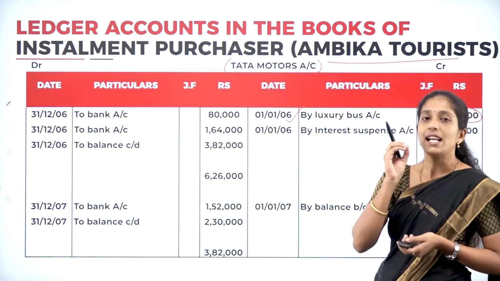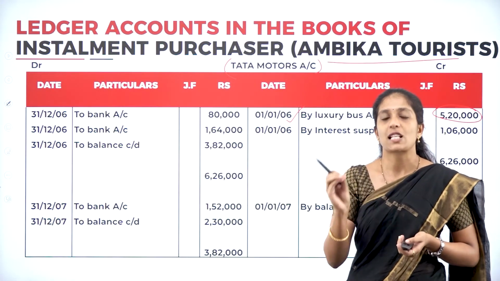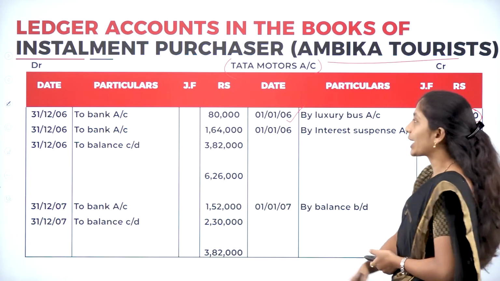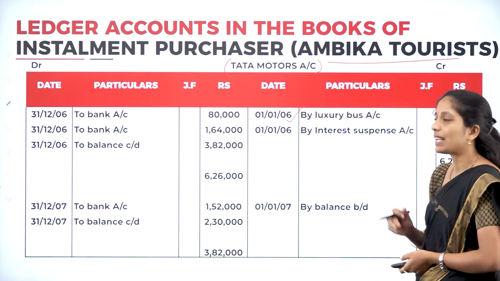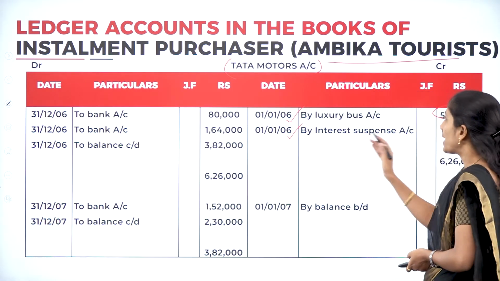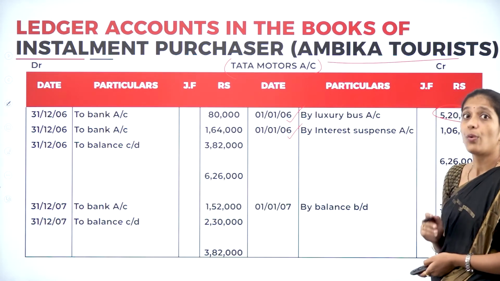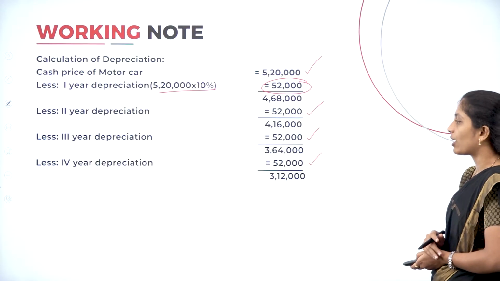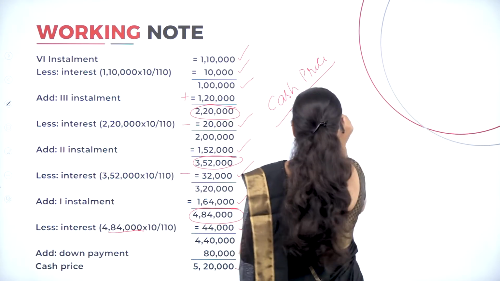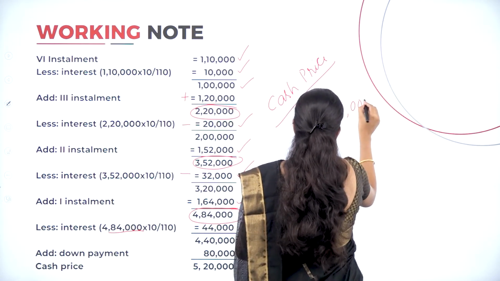So what is the entry? Asset account Dr., interest suspense account Dr., to installment seller account. So how do you record here? By asset account, by interest suspense account, that is on the date of purchasing of the asset. Now what is the amount that has to be recorded here? We have to add all the interest. Fourth year interest is 10,000.